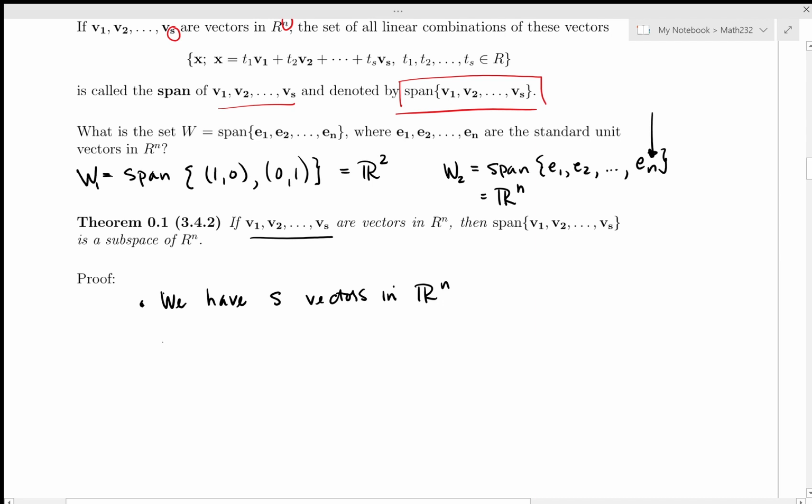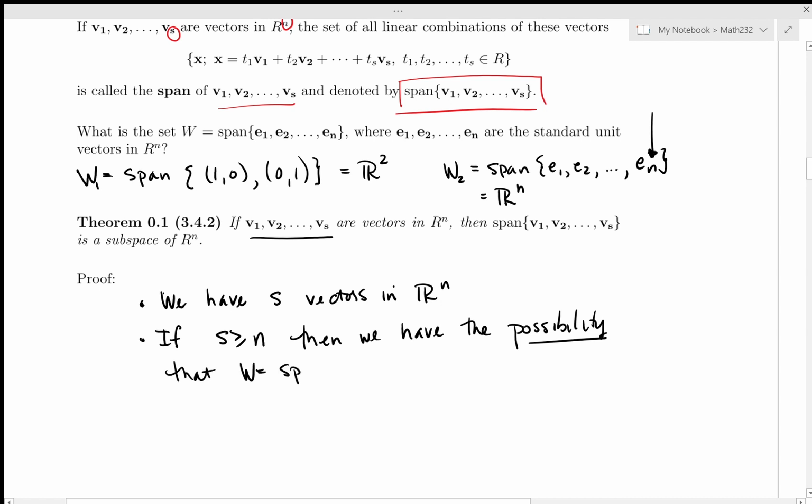I'm going to make another comment. If S is greater than or equal to n, then we have the possibility, it's not guaranteed, that W equal to the span of V1 to Vs, those are my vectors, is Rn.